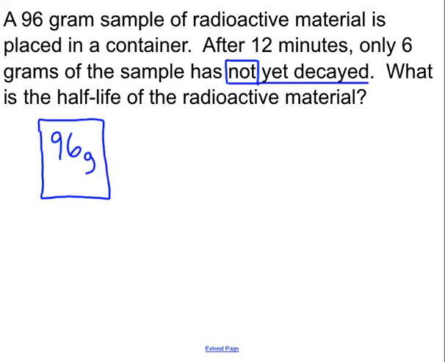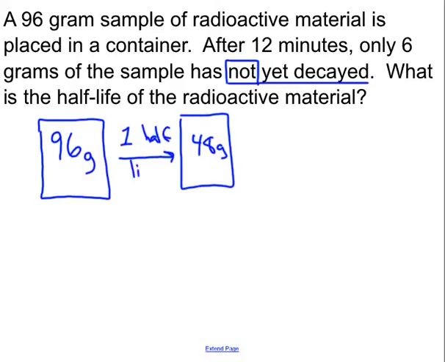What's half of 96? That's 48. Okay? So if one half-life went by, we'd have 48 grams of stuff left. One half-life, you have 1/2 of what you originally started with.